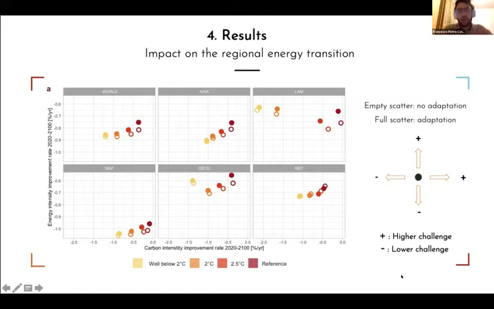So we don't really have great challenges in terms of shifts in the decarbonization and the relative cost, let's say, of renewables investment. But we do see an increase in the cost due to the fact that the economy is more energy intensive.